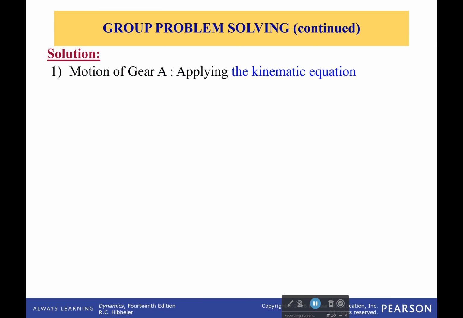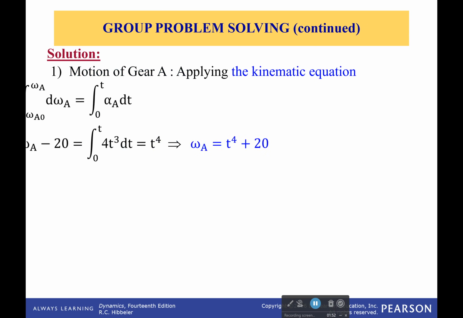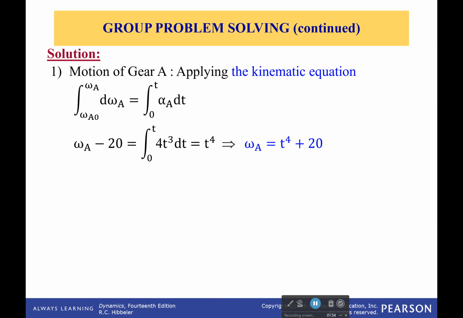So first off, the motion of gear A. That's the small one. We're going to use our kinematic equations. So right here, we're realizing that angular acceleration and our angular velocity are connected. And remember, that's coming from angular acceleration is equal to the derivative of my angular velocity. Okay? And then I just multiply on both sides to solve for it.